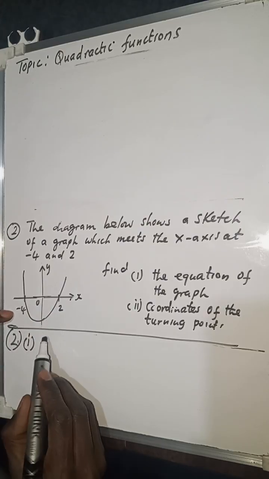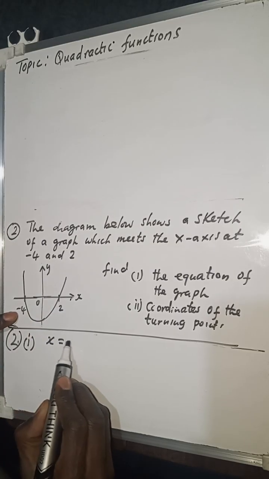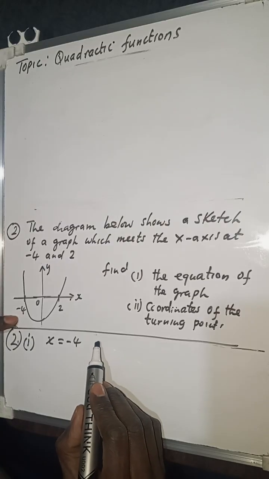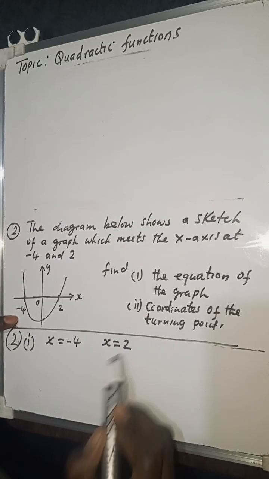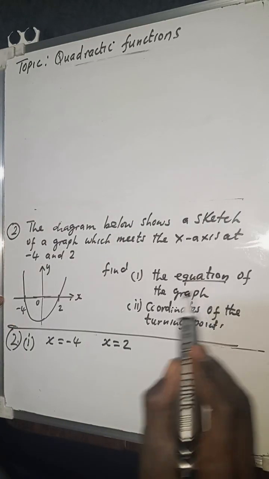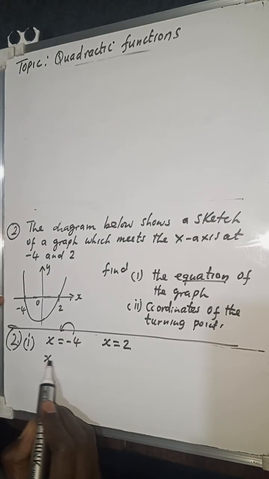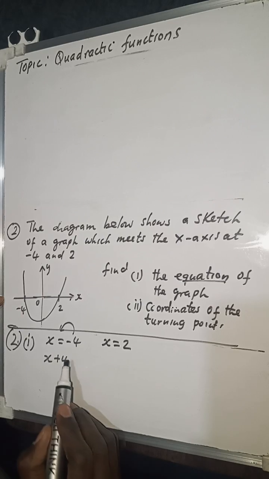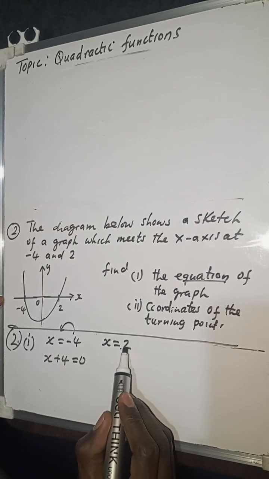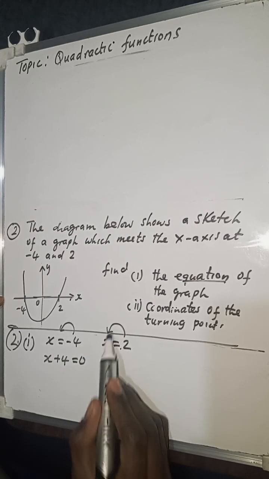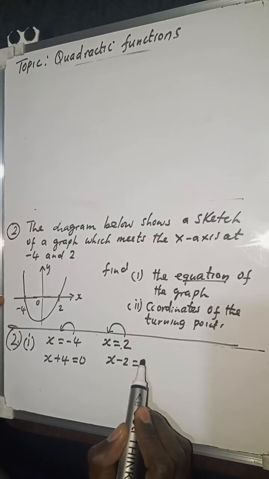Remember the two values. This is x is equal to -4 and the other value is x is equal to 2. So to find the equation of the graph, just bring these ones this side. It will be x plus 4 is equal to 0. This one, when it goes this side, it will be x minus 2 is equal to 0.